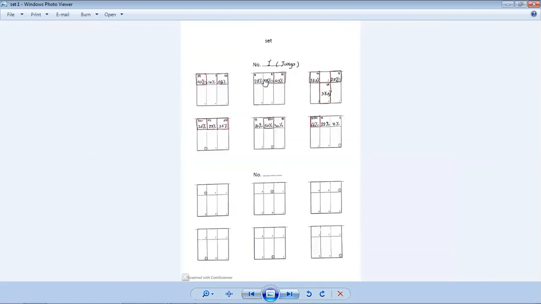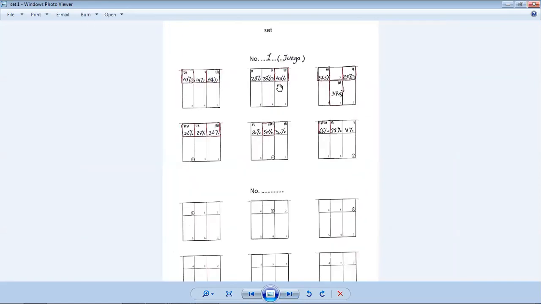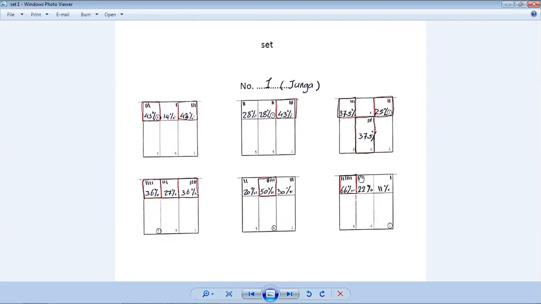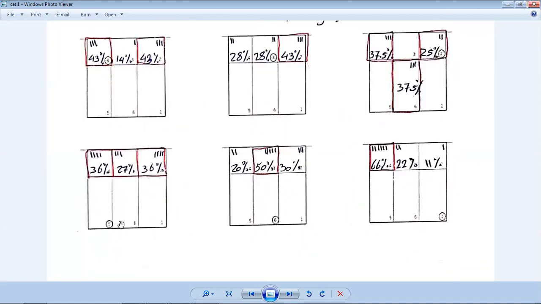Okay, this is one of my favorite forms. For example, for the setters, say our setter is Junga, number 1. Every time he comes, this circle is the area where the setter comes from to set.